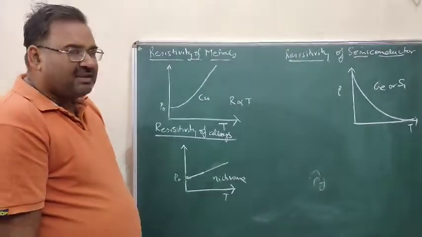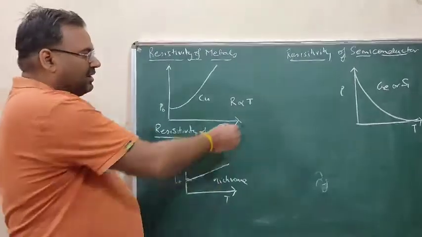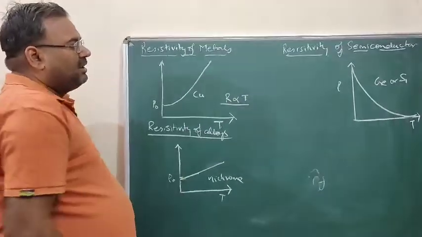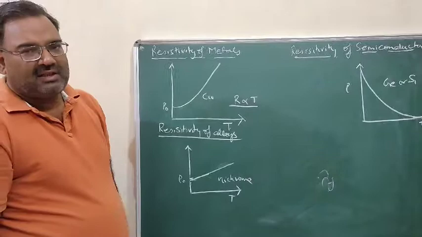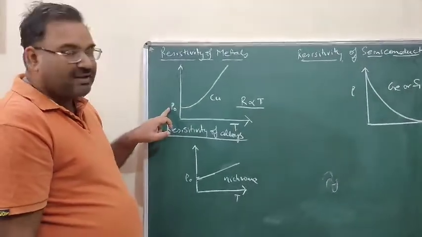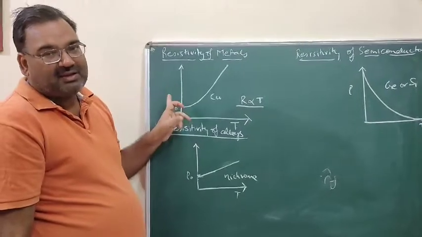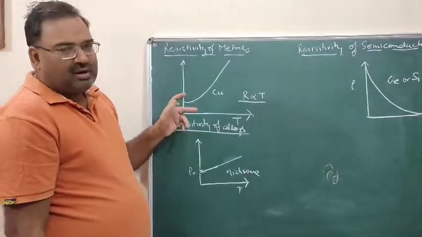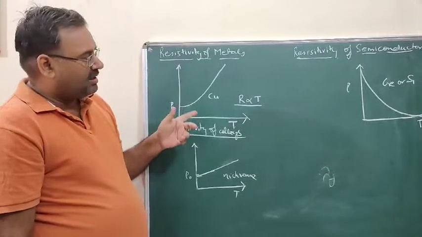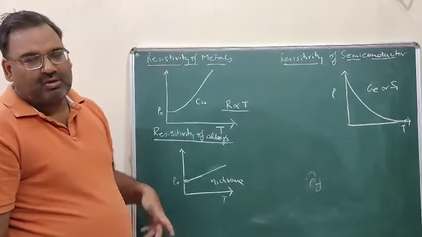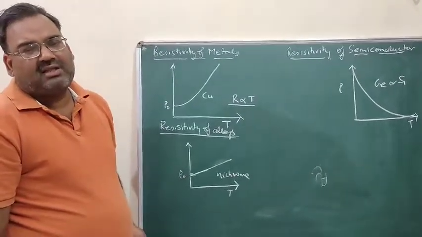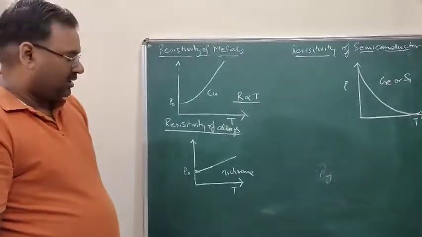It will increase with the increase in temperature. This graph is between resistivity rho and temperature. Resistance will also increase with the increase in temperature, because resistivity is directly proportional to resistance.